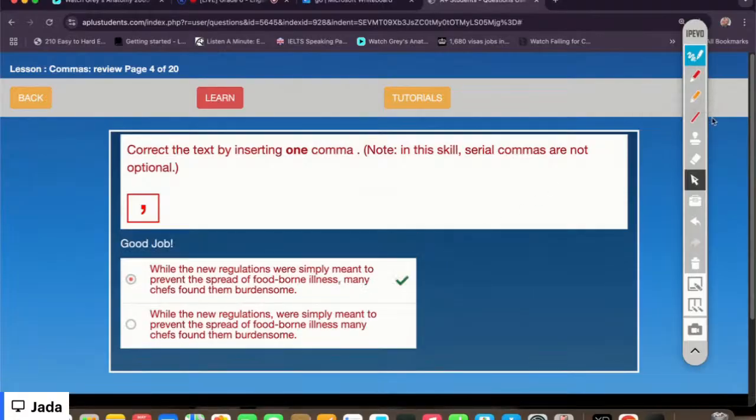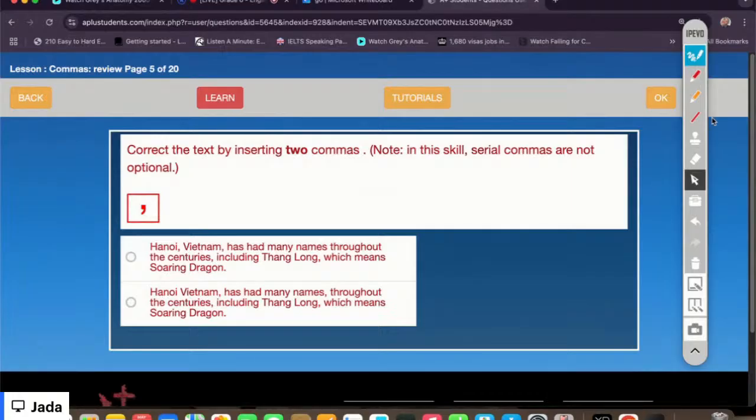So, we have the first. So, what do you think is the right one here? We have to insert two commas. So, Hanoi, Vietnam, has had many names throughout the centuries, including Thăng Long, which means soaring dragon.